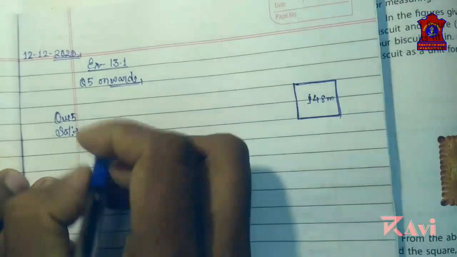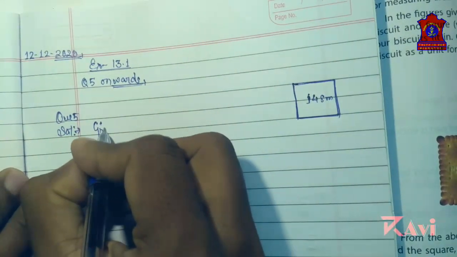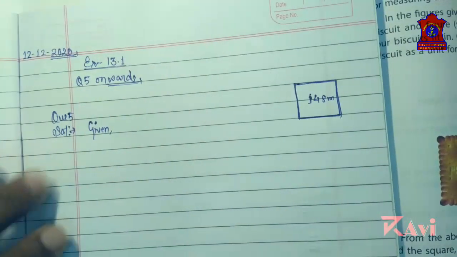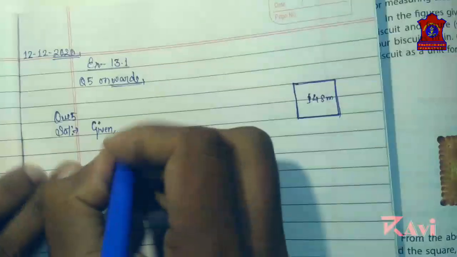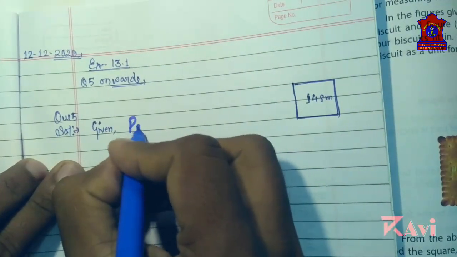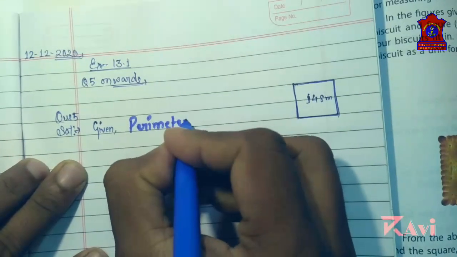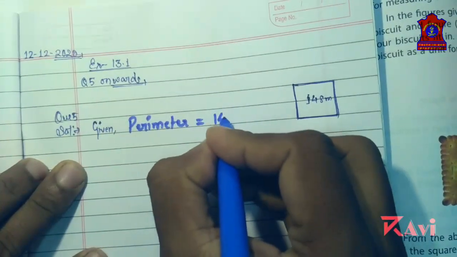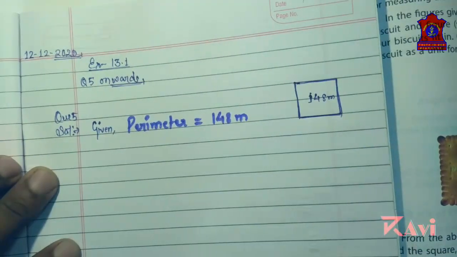Okay, for this we will write given. What is given here? Perimeter equals to 148 meter. Now the question is asking us to find the side.